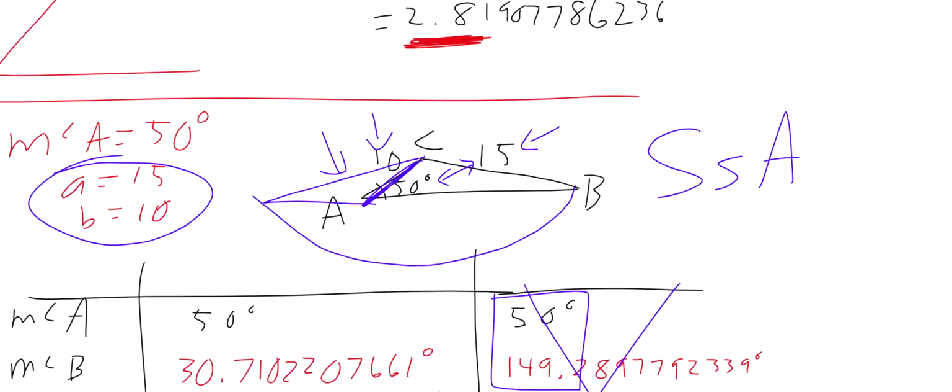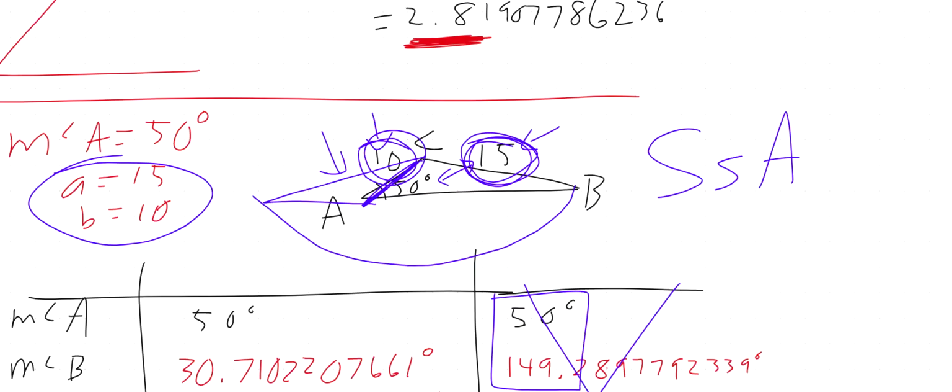So that's a nice little thing to check. It can save you the extra step of even looking for a second triangle. Now, if it's the little side that's over here, and then the big side that's here, you might have none, you might have one, you might have two, depending on how the numbers work out. But here's a nice thing to look for.